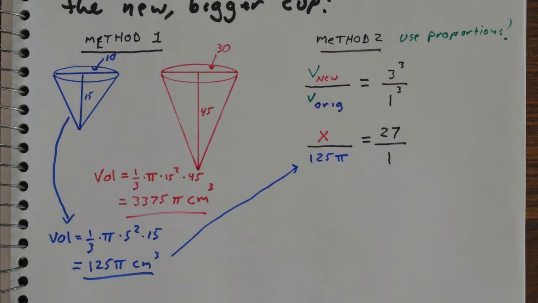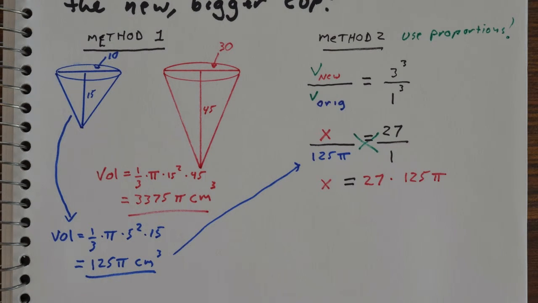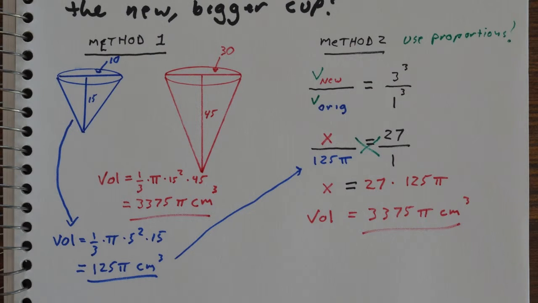And so if we set that into our proportion, we know x over 125 pi must equal 27 over 1. Again, 27 came from 3 to the third. 1 to the third, of course, is just 1. Now, if you solve that using cross multiplication, we get a volume of 3,375 pi cubic centimeters. So again, two ways to solve the same problem.